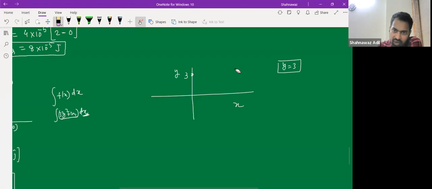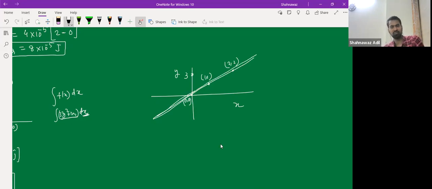And if I draw this graph like this, let's say this is point 0, 0. This is point 1, 1. This is point 2, 2. So what is this graph? At 0, my y was 0.